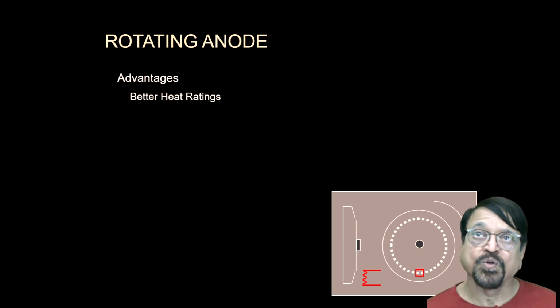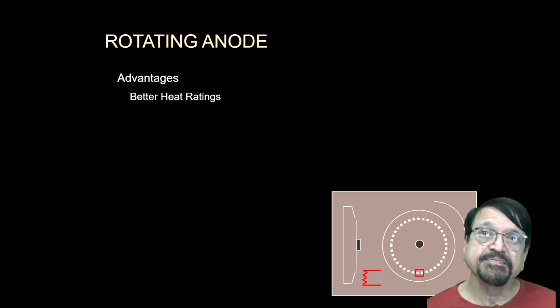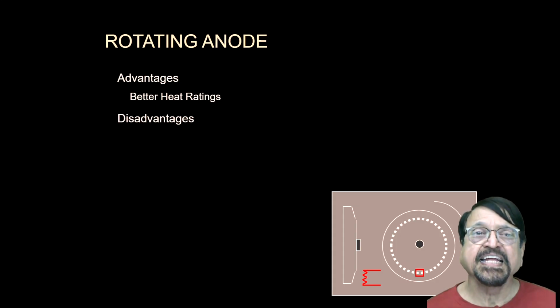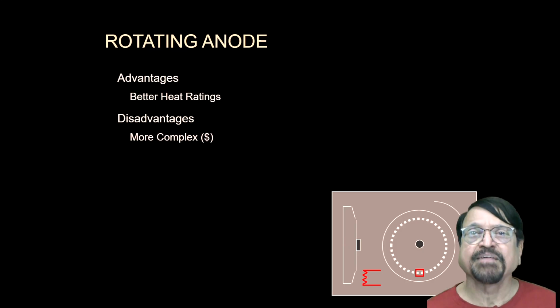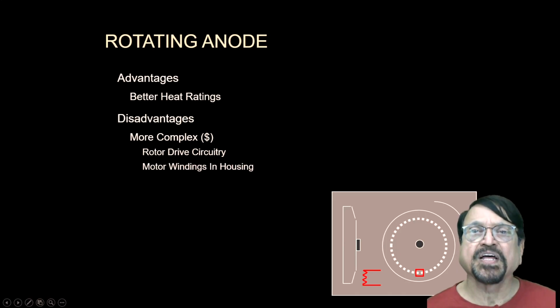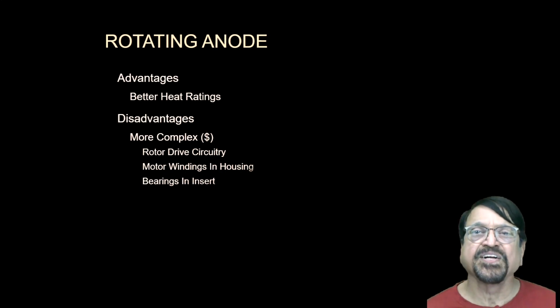So the advantage of the rotating anode is there is better heat rating, there is better heat dissipation, and the disadvantage is it is more complex, it is bulky, it needs a rotor driven circulatory motor winding in the housing, then it needs a bearing insert, and because of that it becomes bulky, heavy and also costly.